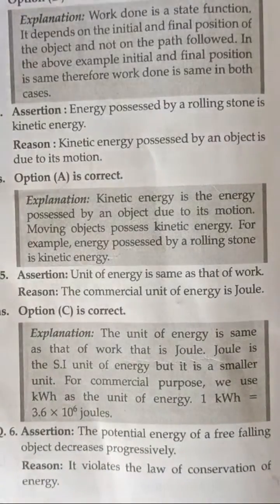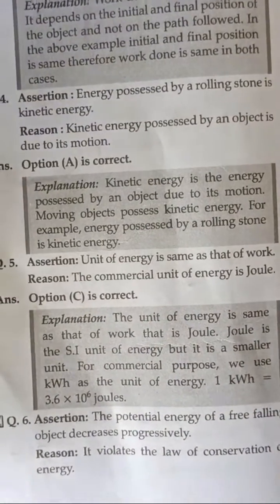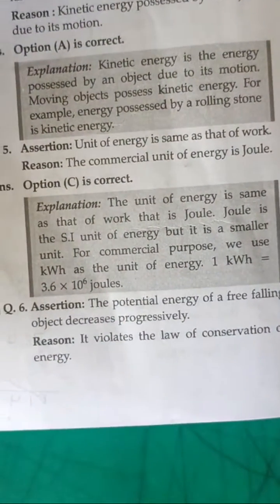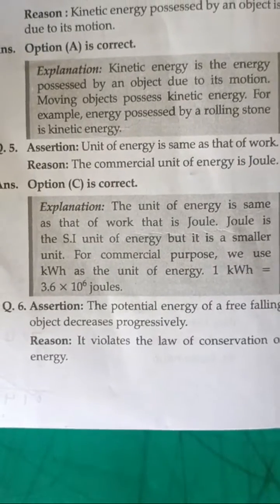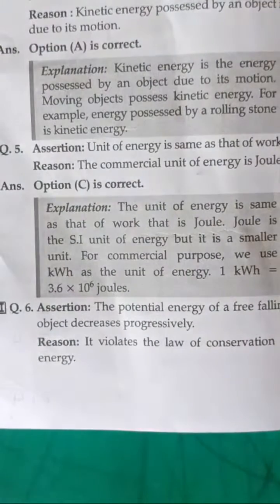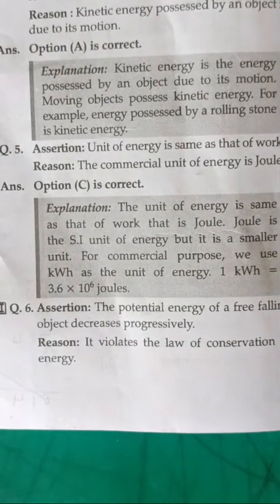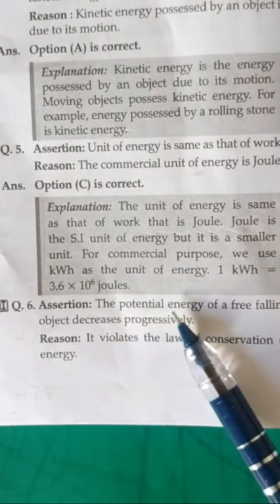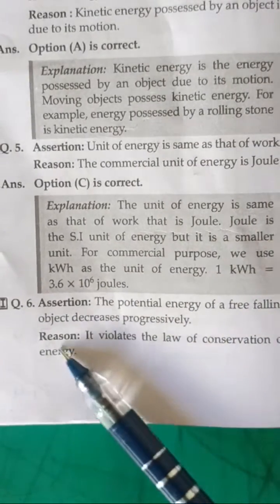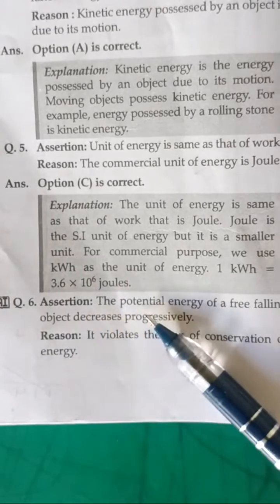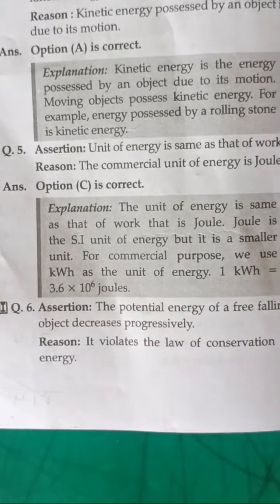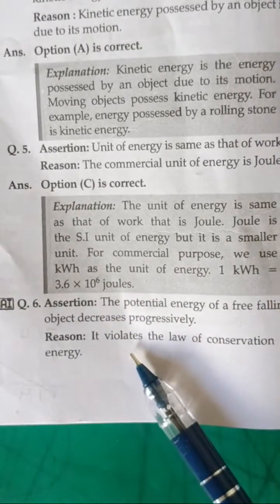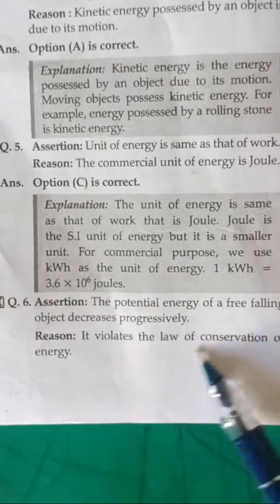Question number 6. Assertion: the potential energy of a freely falling object decreases progressively. Reason: this violates the law of conservation of energy.